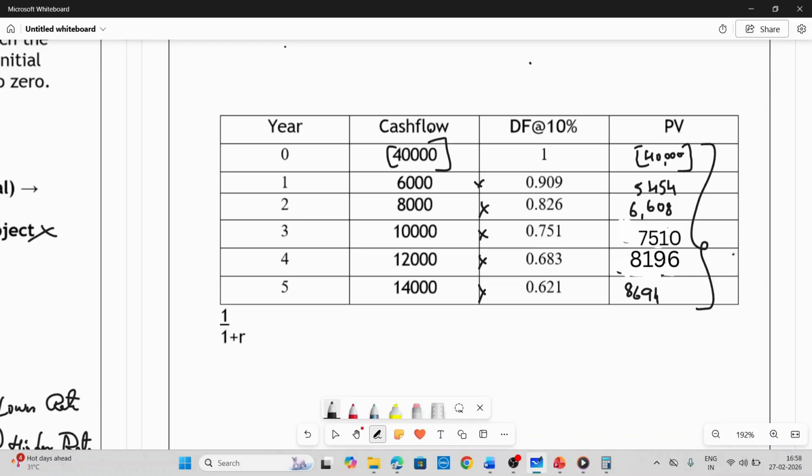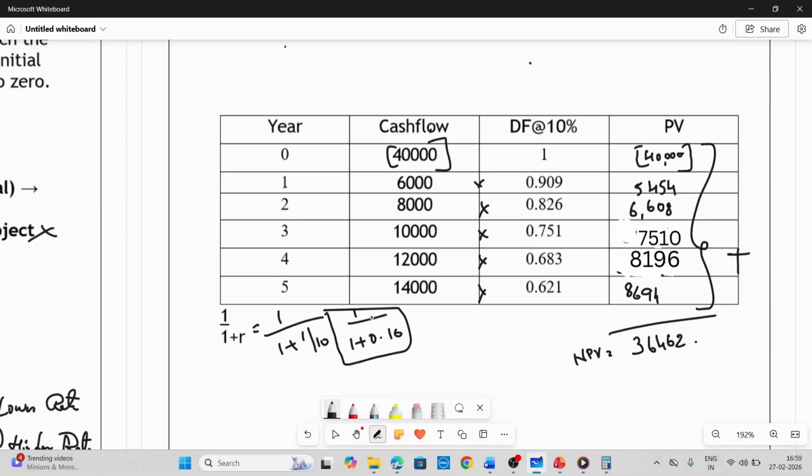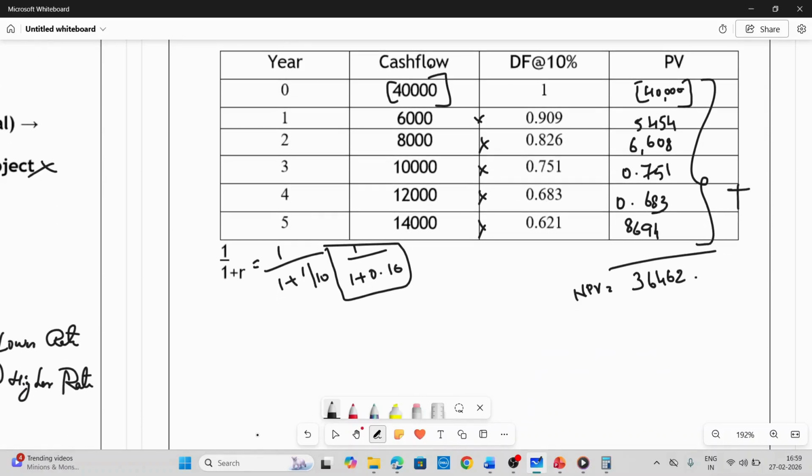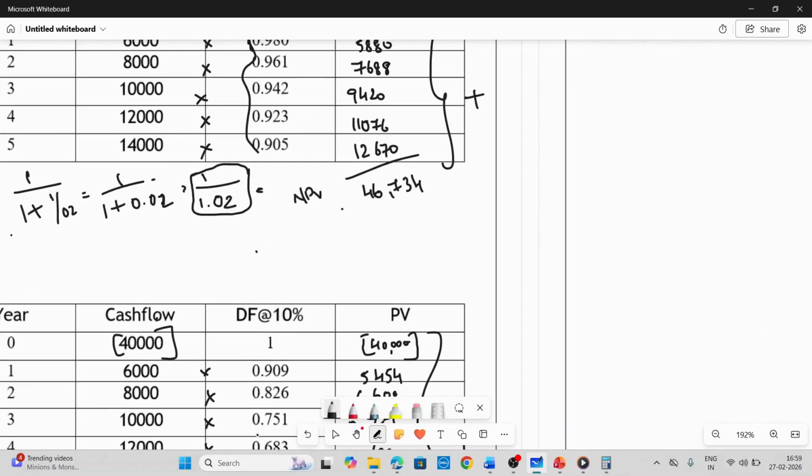So add this, and you will get NPV equal to 36,462. The discount factor is 1 divided by 1 plus 0.10, so if you do this, you will get this. That's it. Now let's move to the final step, which is the formula part.